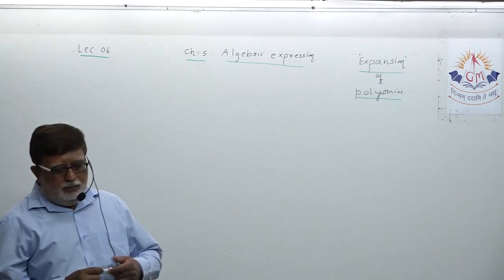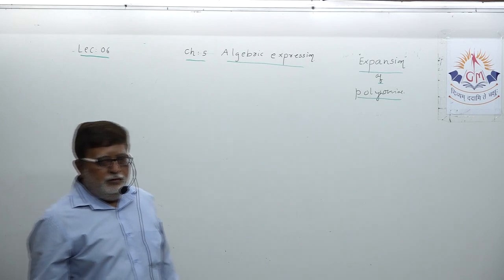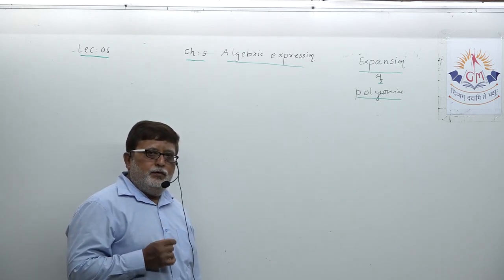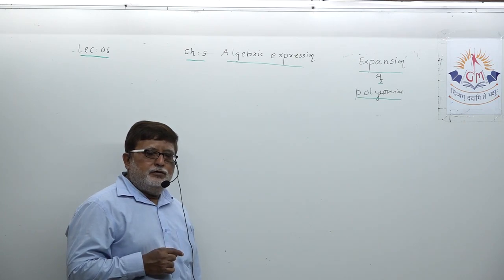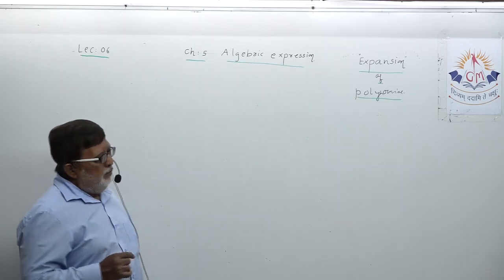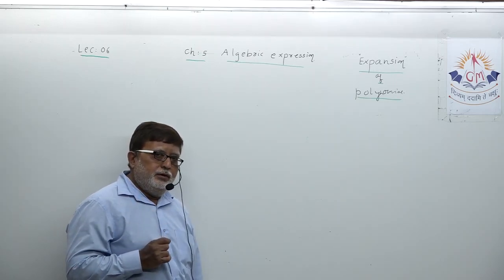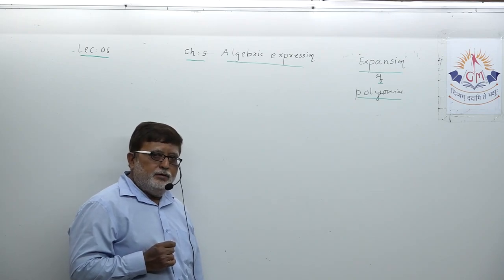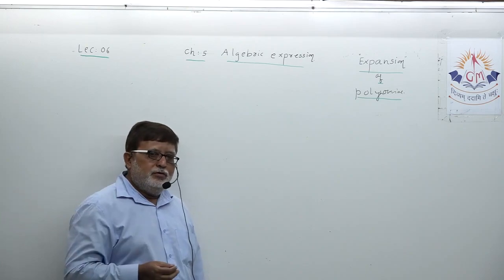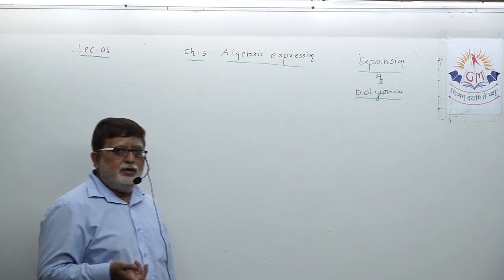What you need to do, dear student, is remember one very important identity, which I am mentioning here, for solving examples of expansion of polynomial. Identity means one formula, to be more precise and accurate.